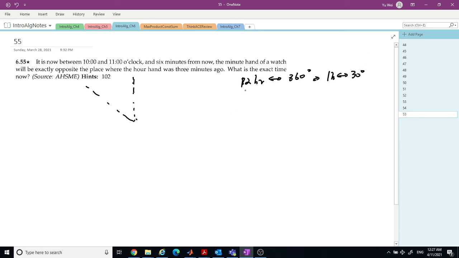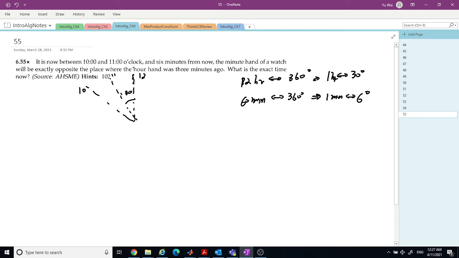And the 60 minutes correspond to 360 degrees, so 1 minute is 6 degrees. This is what you need to know. Here is 12, here is 10, and somewhere in the middle is 11. So here we have 30 degrees.